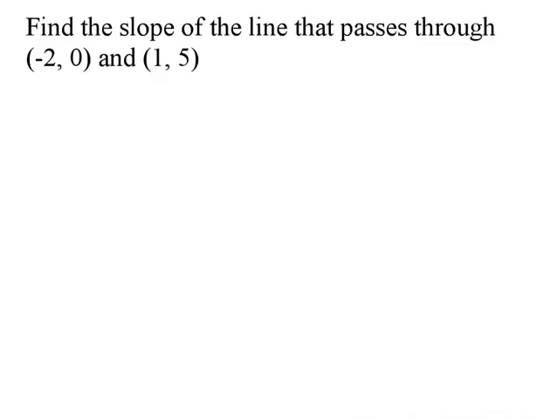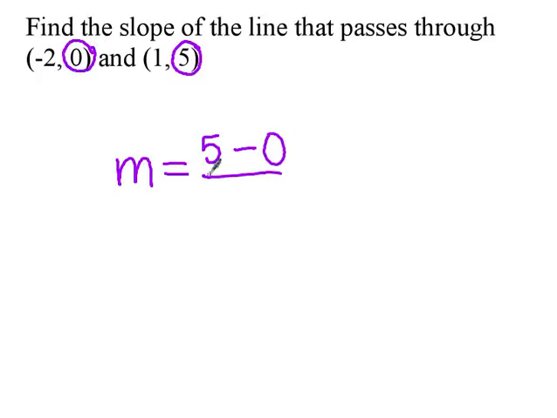It says find the slope of the line that passes through (-2, 0) and (1, 5). So the slope equals, okay, here's y2, right? 5 minus y1, which in this case is 0, divided by 1 minus -2.